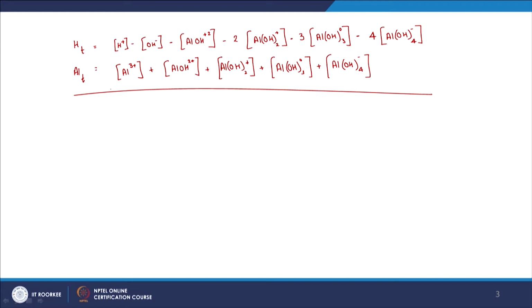And Al total, again we have that here: Al3+ plus AlOH2+, and the other aluminum hydroxide complexes. Once you have H total and Al total, you can plug in the relevant values in VMinTeq, and it will give you the relevant concentrations of either the free metal, which is Al3+, or the different aluminum hydroxide complexes.